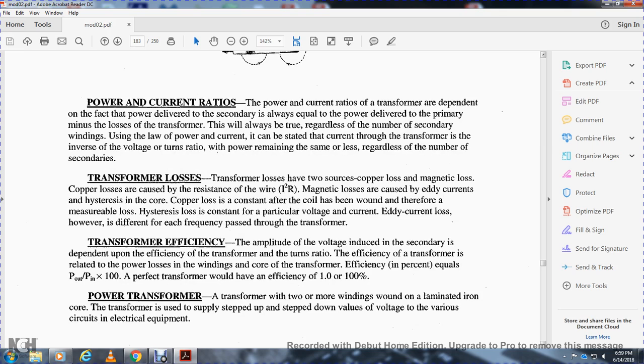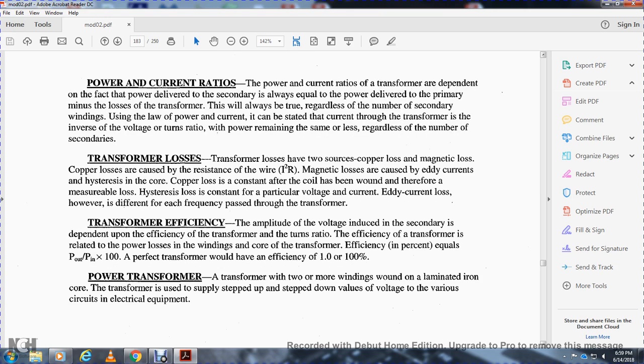Transformer efficiency: the amplitude of the voltage induced in the secondary depends on the efficiency of the transformer. The turn ratio and efficiency of the transformer are related to power loss in the winding and the core. The efficiency in percent is equal to the power output over the power input times 100. The perfect transformer will have an efficiency of 100%.